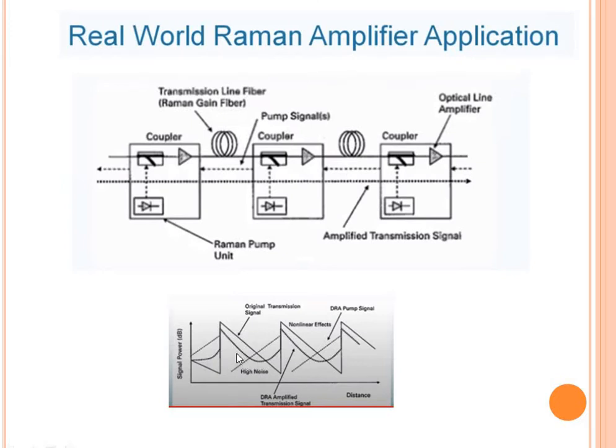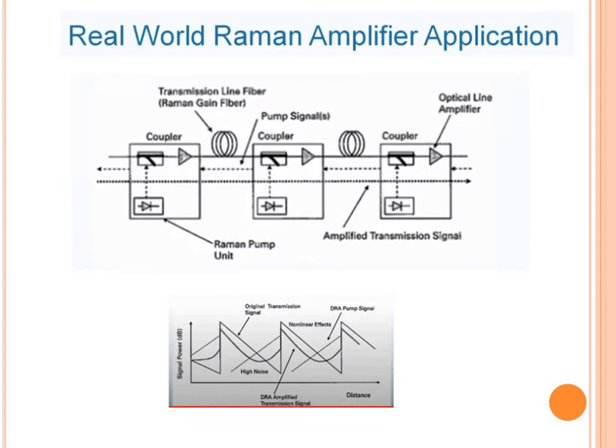The original signal first gets weaker because of the fiber loss, but later it is gradually boosted up by the backward pumped distributed Raman amplifier, and right after the Raman amplifier, the signal is immediately boosted again by the EDFA amplifier.